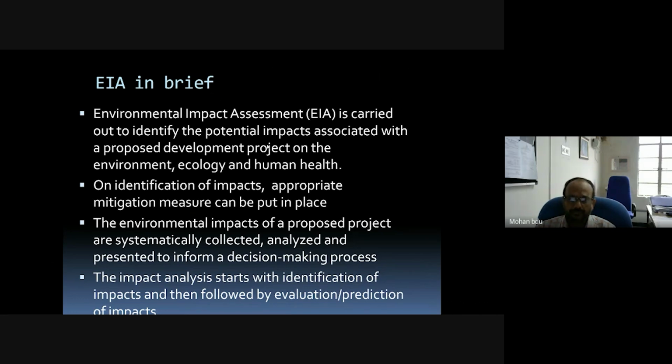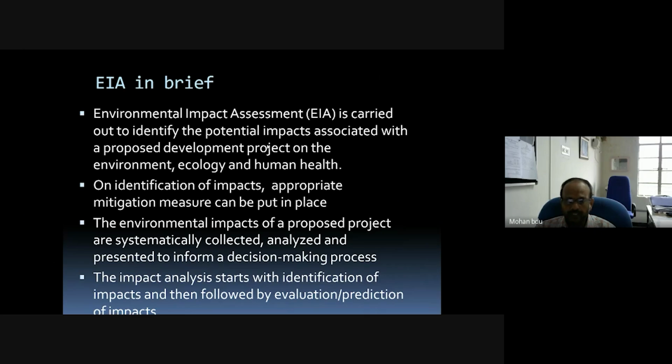Basically, the impact assessment starts with the identification of impacts and is then followed by the evaluation and prediction of impact. The baseline parameters like air quality, water quality, soil status and land use pattern, all these environmental attributes, will be studied before the commencement of the project.